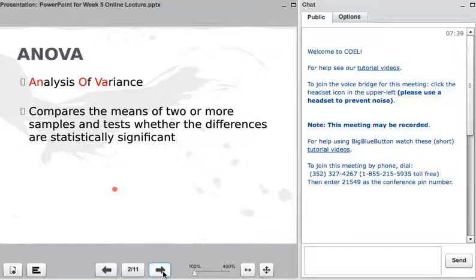Okay, so like I said, ANOVAs are like t-tests. They're looking to see whether two or more samples and whether the differences in those samples are significant. So a t-test is where you take two sets of variables and you compare and say, okay, the post-test was significantly higher than the pre-test. Great.